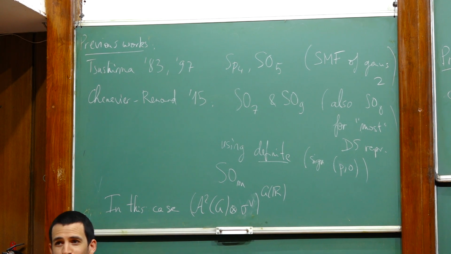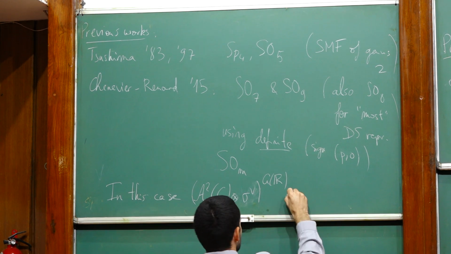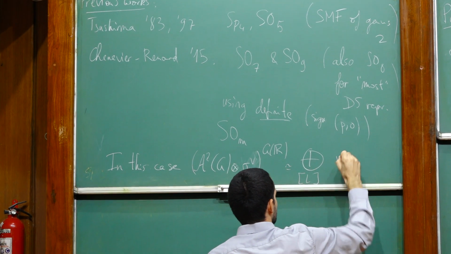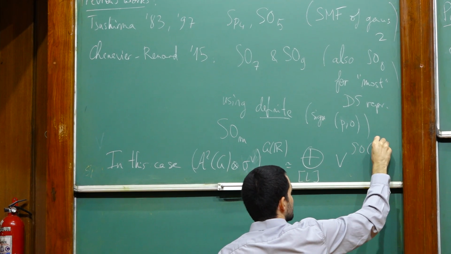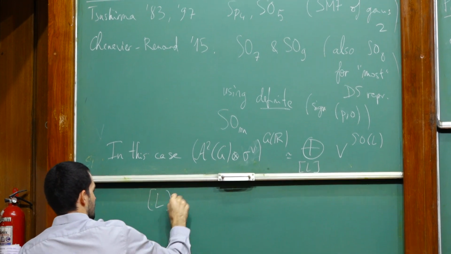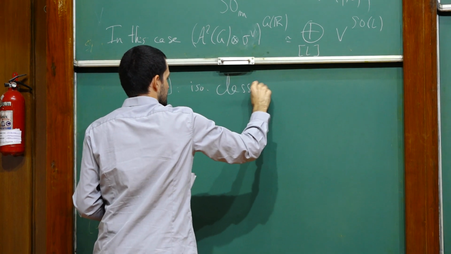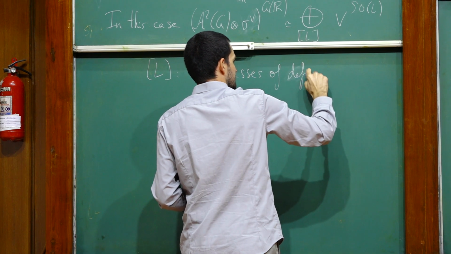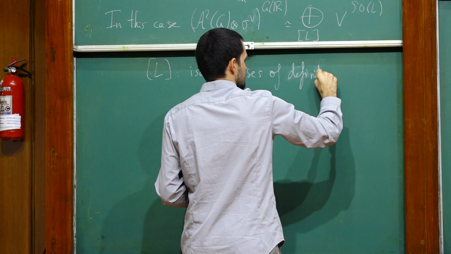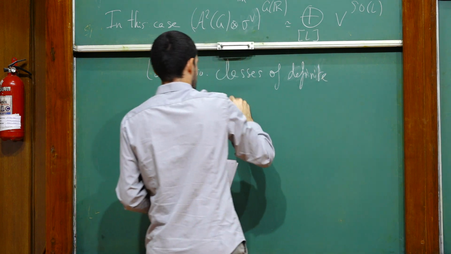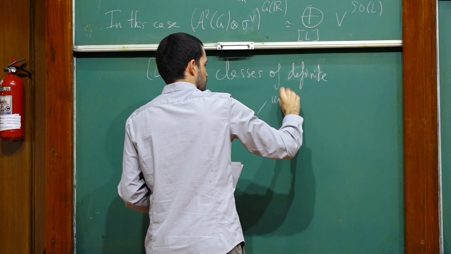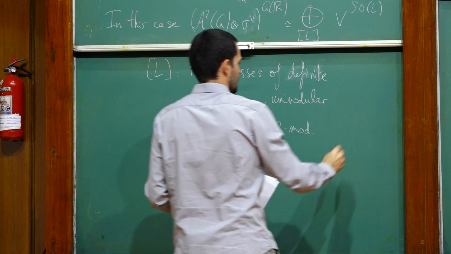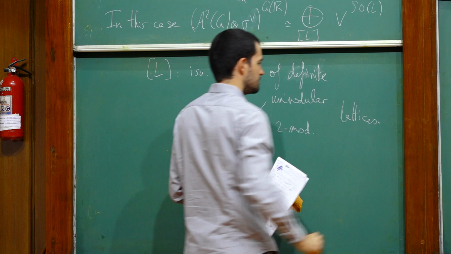This sigma is just a finite dimensional representation of the compact group G of R, and you can identify this with a finite direct sum like this, where the L's are isomorphism classes of even, so definite, even, and so either unimodular in even dimension or two-modular lattices.